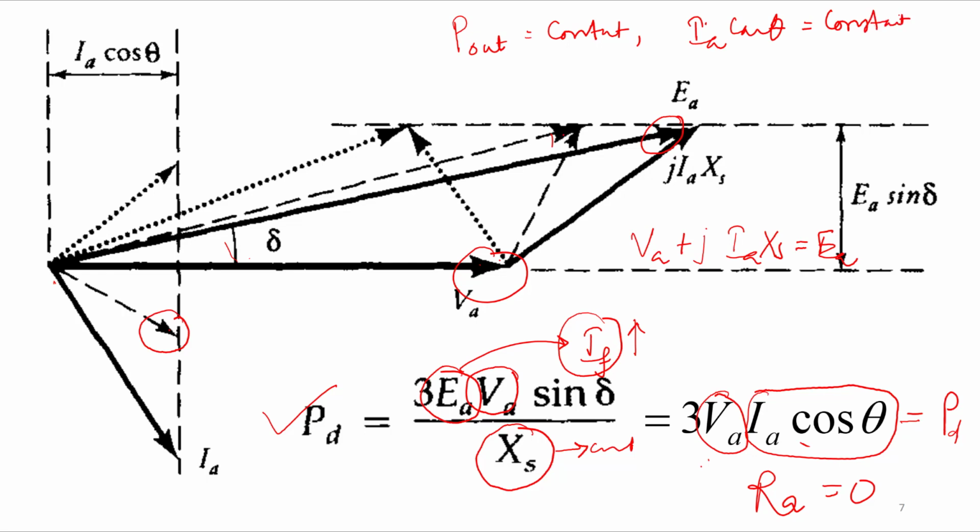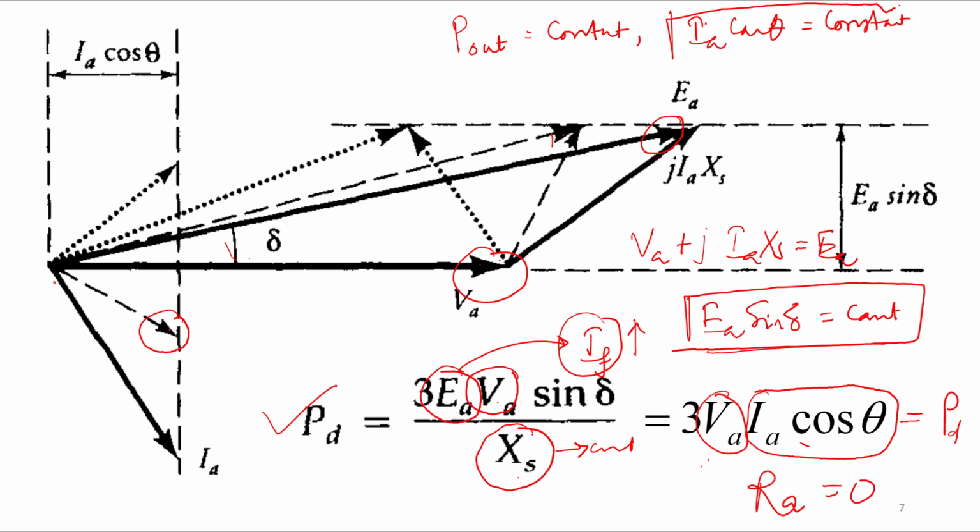Similarly, from the first equation, as VA is constant and XS is constant, EA sine delta will remain constant. So considering these two equations, IA cos theta is constant and EA sine delta is constant, and here they are plotted.